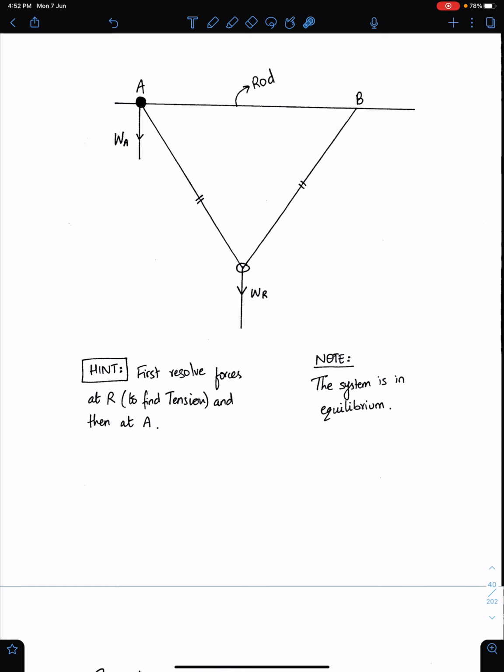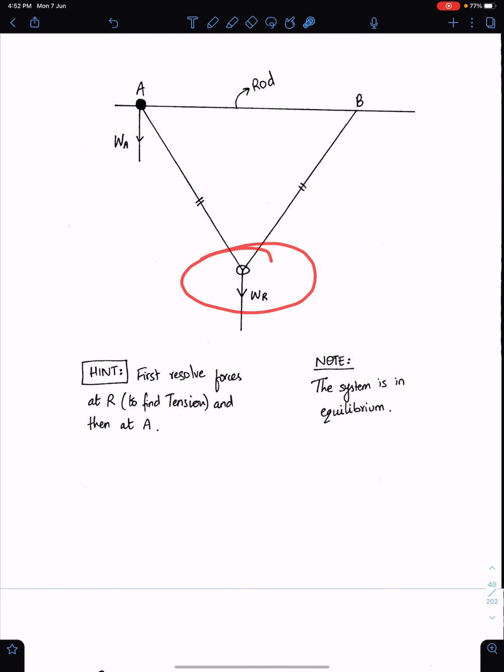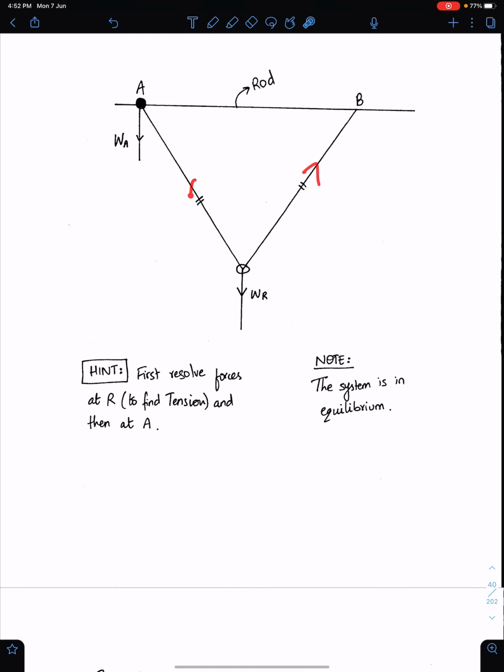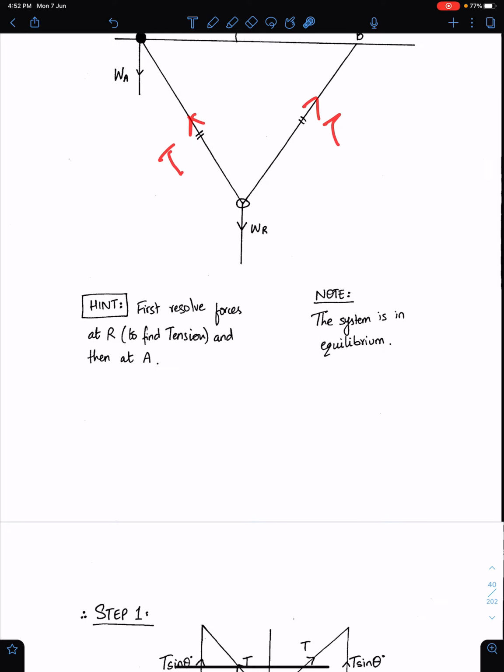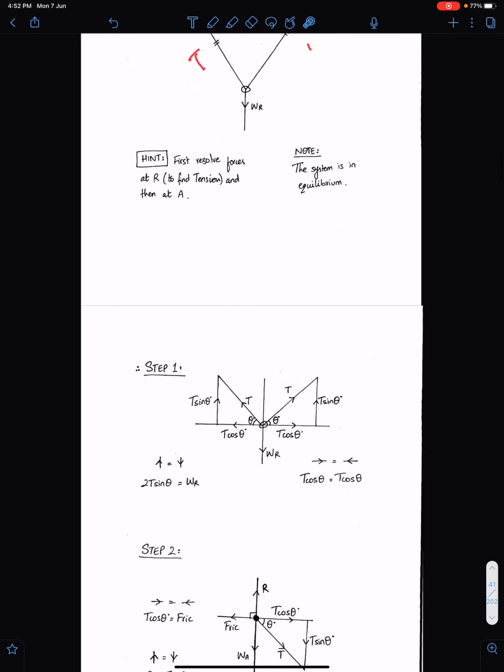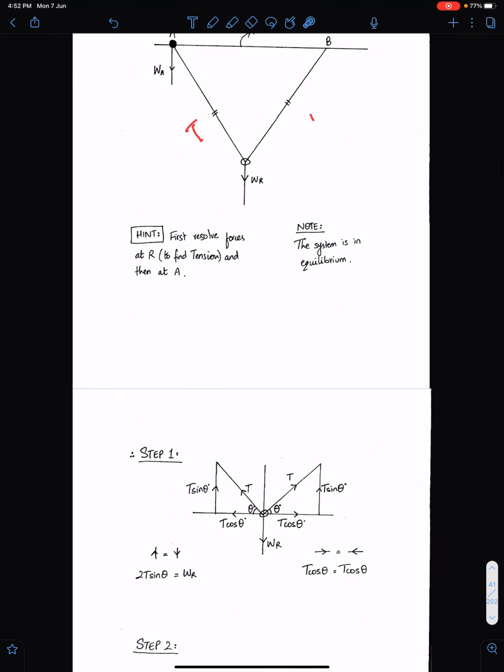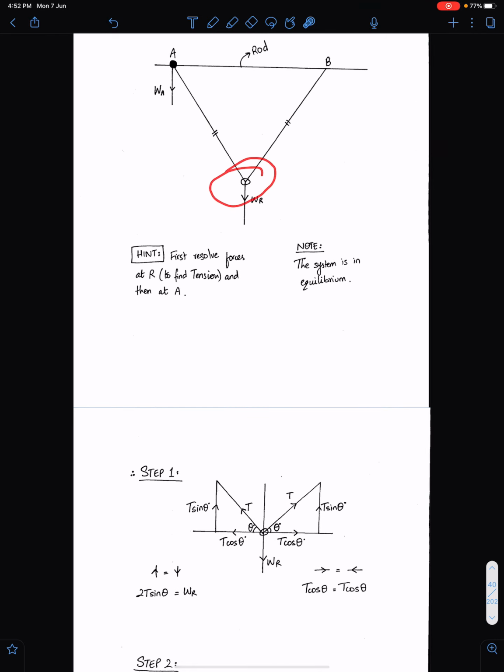Now see, when you resolve forces at R, tensions will act away from R. Tensions will act in these two directions.